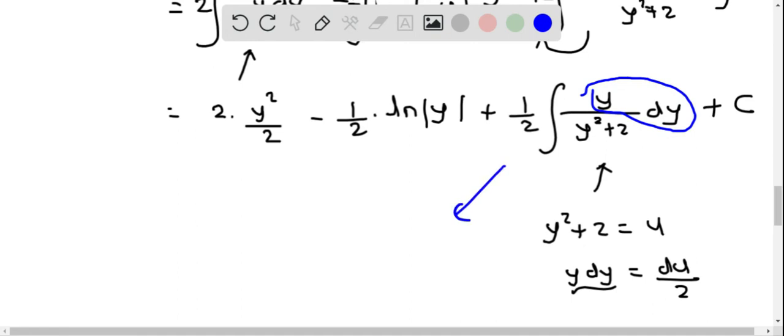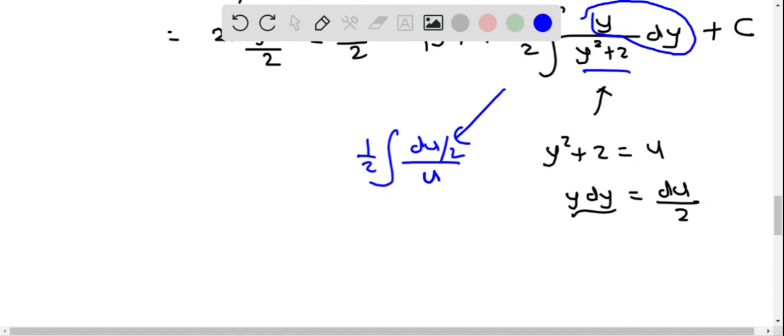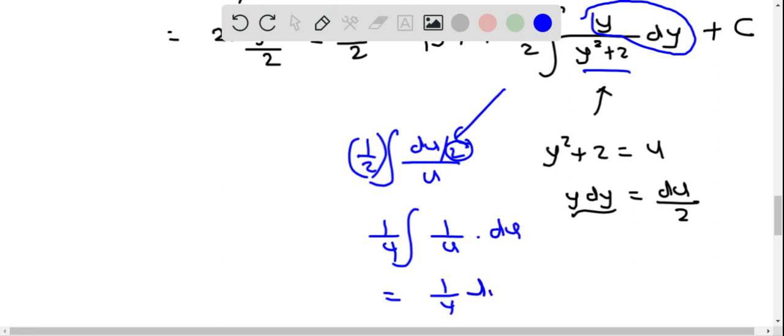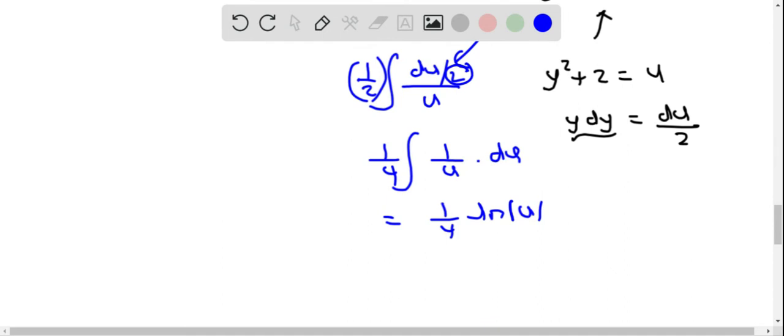This one is half integral of du by 2, divided by, replacing y squared plus 2 with u. So we can integrate this. This equals, remember that we have a half here, so this half multiplied with this half will be 1/4. And then this is the integral of 1 over u du. And this equals 1/4 natural logarithm of u.